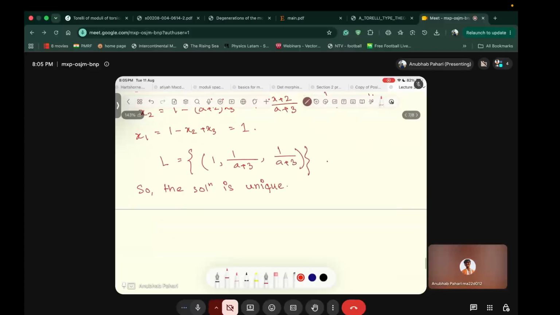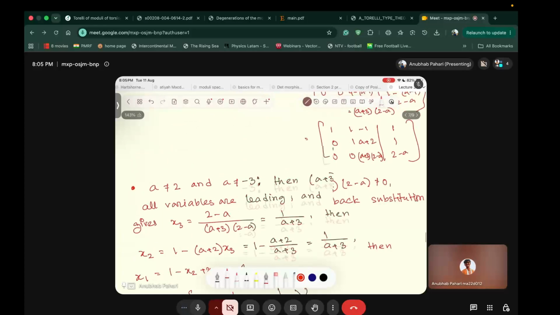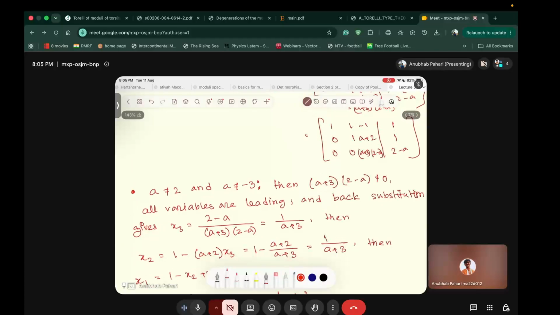Now we have the second subcase, which is a equals 2. In this case, if you look at this matrix, if a equals 2, then this one will be 0 and also this one will be 0.